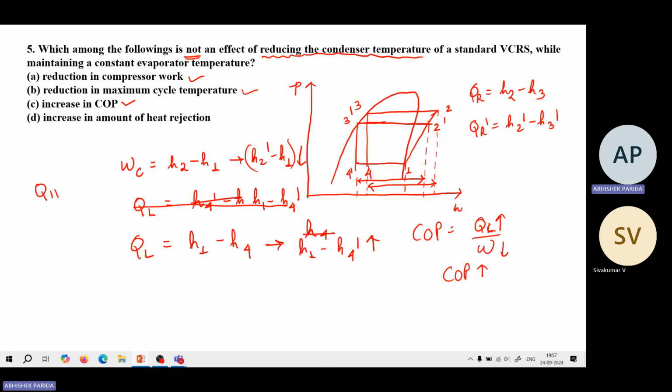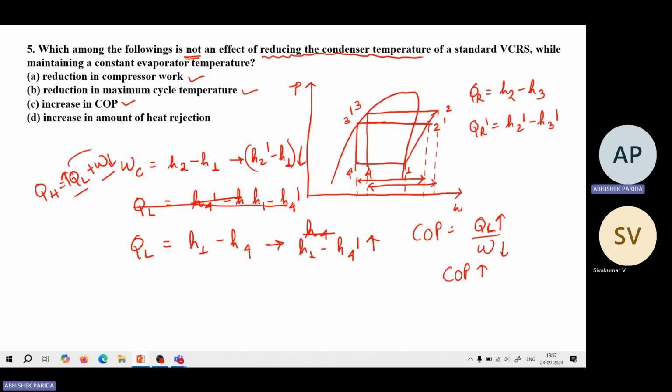QH, what is QH actually? QL plus W. Now if you see QL, we are finding out that QL is increasing and W is reducing.